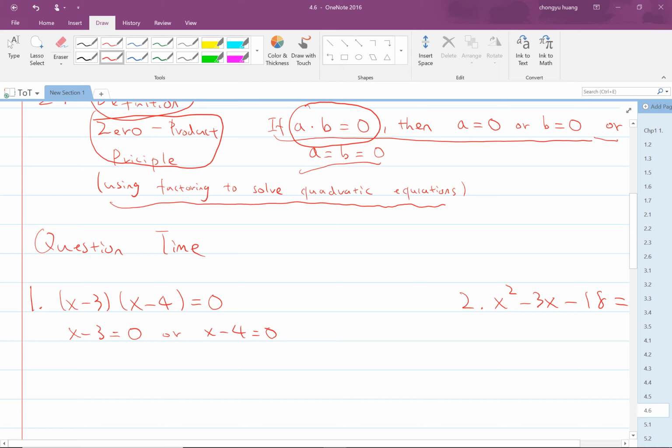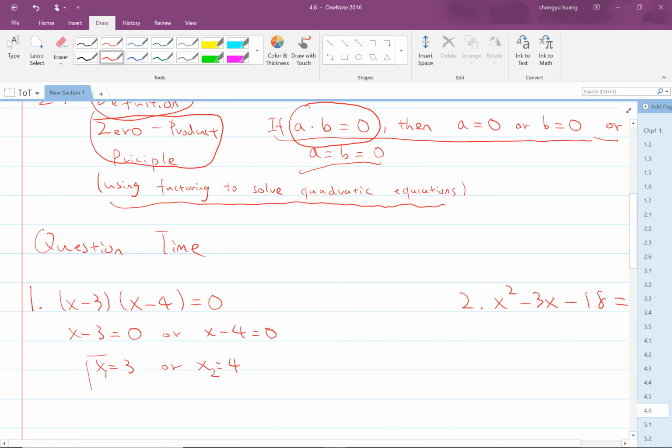Basically we are applying the zero product principle. Then x equals 3 or x equals 4. You can also write it as x1 is equal to 3 and x2 is equal to 4. So now we have solved the problem.